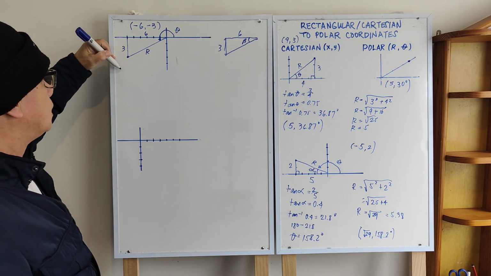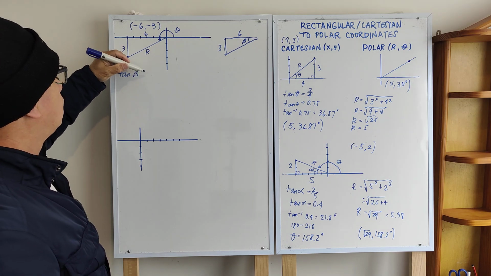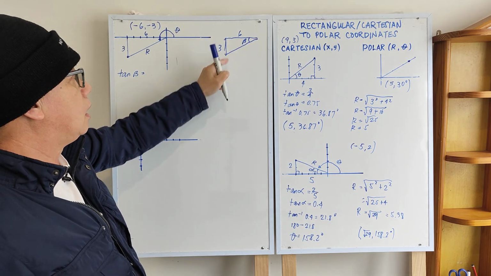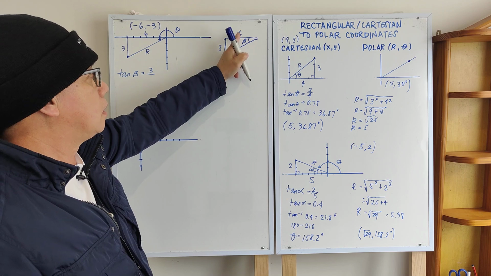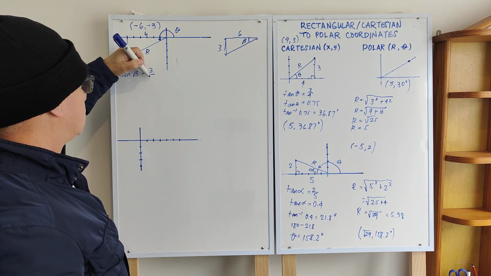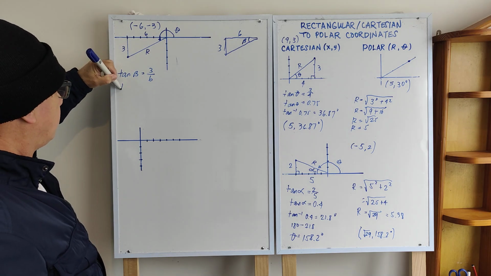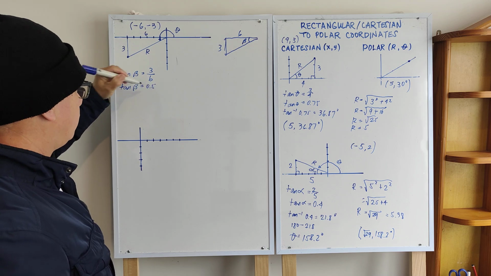Tangent beta is equal to opposite over adjacent. Opposite is 3, adjacent is 6. So tangent beta is equal to 0.5.